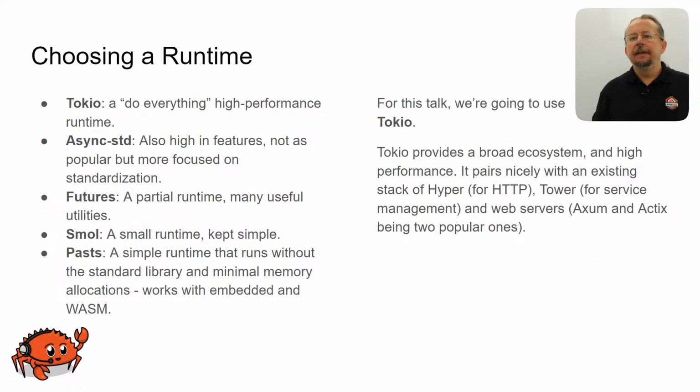Smol is worth mentioning because if you just need to cram your async service down to run in something tiny, smol is built around that, makes it as small as humanly possible. And there's one called pasts, which focuses really hard on minimizing memory allocations, working well in embedded and also in WebAssembly.